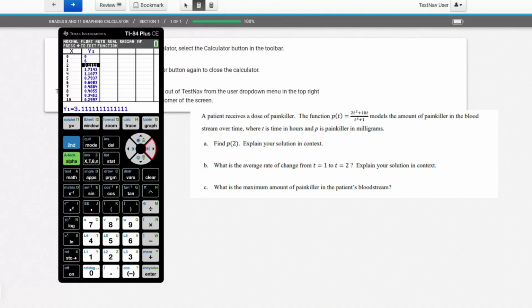But f of 2 minus f of 1 is going to be 3.111 minus 6, then divide that by 2 minus 1, which is 1. So really all I need to do is do 3.111 minus 6. So let me get out of here and do 3.111 minus 6. Hit enter, and that gets me negative 2.889.